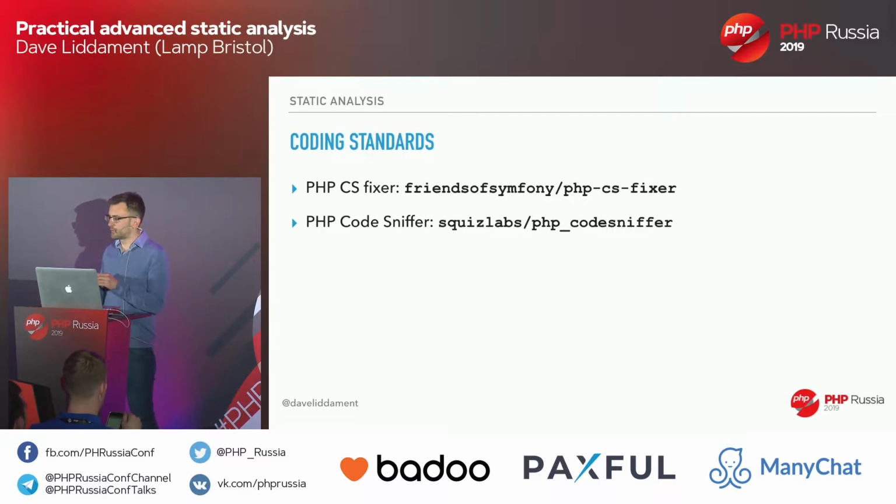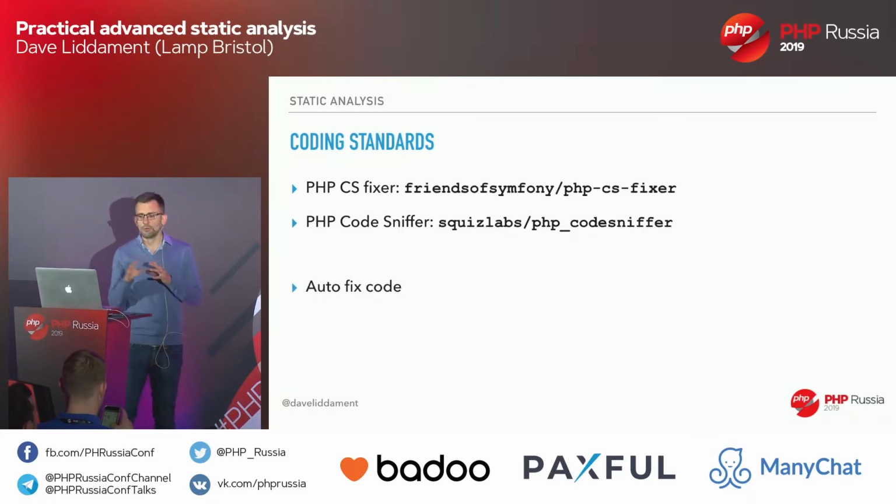It can also do slightly more advanced stuff, like saying you must always use triple equals rather than double equals. And a lot of the issues they find, they can provide auto fixes for. Not all of the issues, but a lot of them, certainly formatting, they can automatically fix. So they're great tools for making sure you have consistent code across the team.